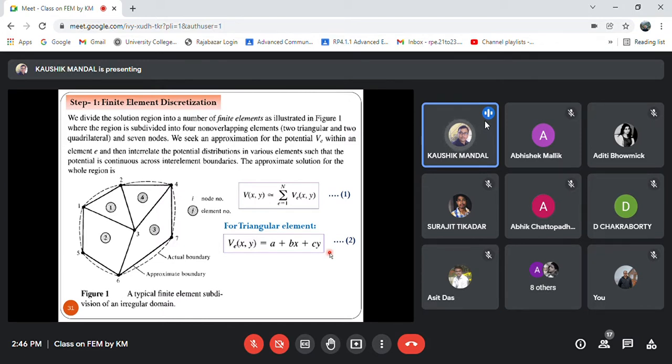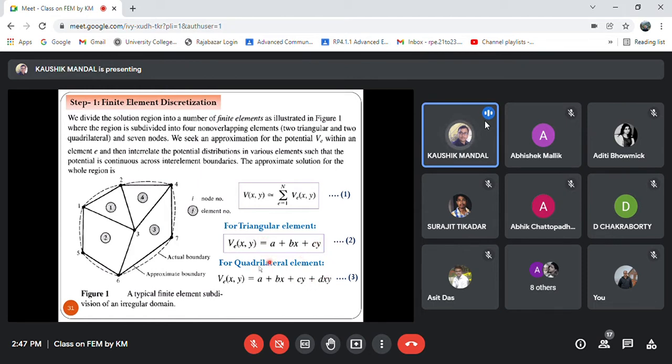Now for the quadrilateral element, the polynomial approximation will be like that: V of xy equal to a plus bx plus cy plus d of xy. So with this type of polynomial approximation, we can approximate the potential in a particular element. If it is triangular, then that will be the corresponding polynomial equation.